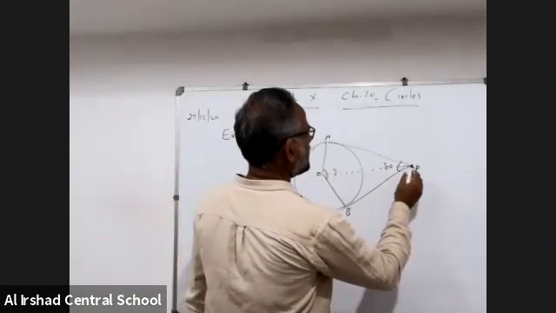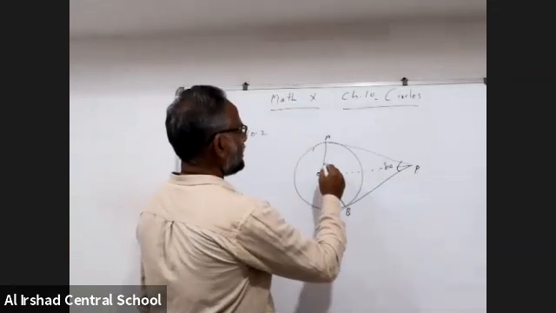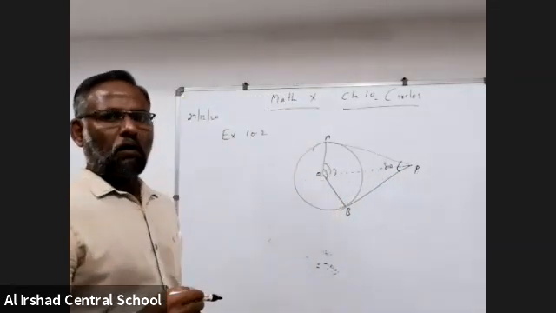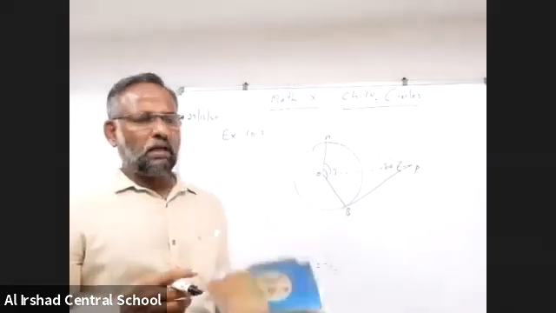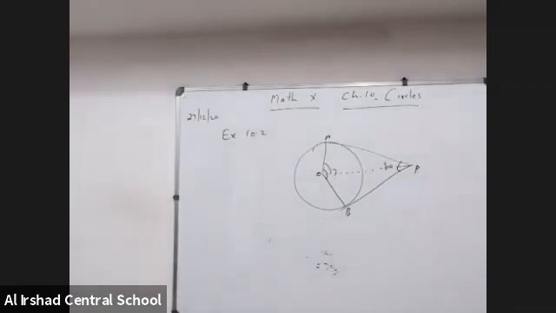POA, see, the dotted line. POA means this line. How can we find it out? Think about that. Can you find out angle A or B?